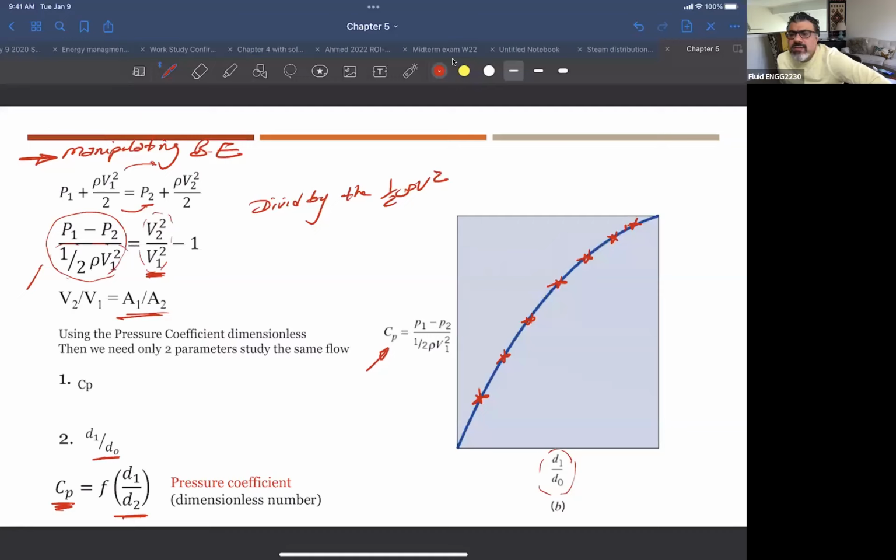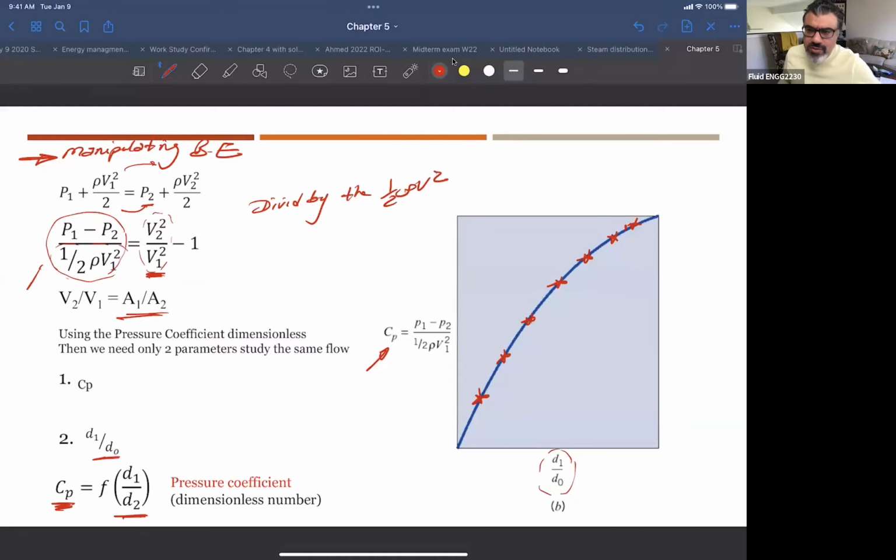If we change it from this specific form, is that what you mean? Like A1 over A2? Yeah, like V1 over, yeah, we're going to create a different non-dimensional group. Yes, I understand your point now.